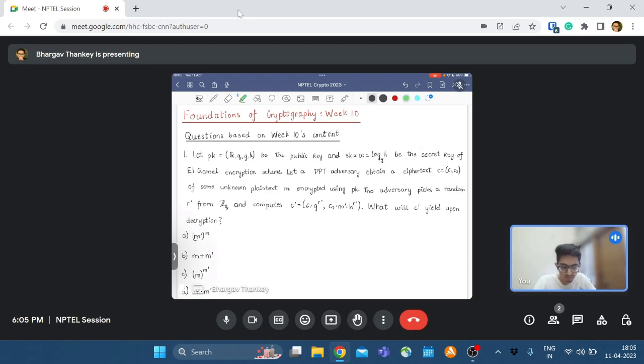So the first problem is as follows. Let Pk = (G, q, g, h) be the public key and Sk = x, the discrete log of h with base g, be the secret key of the ElGamal encryption scheme. So here we are looking at the ElGamal encryption scheme.